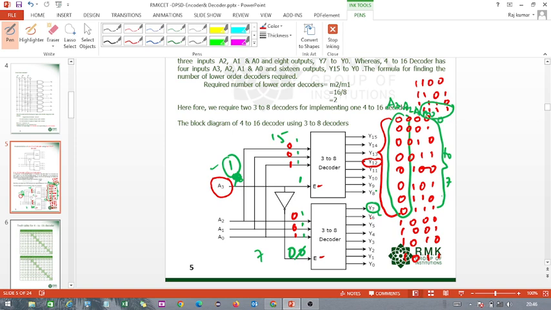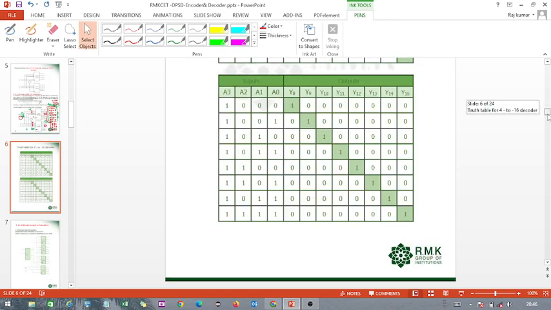And for that you have to draw this table, 4 to 16. In your digital material we are given this.